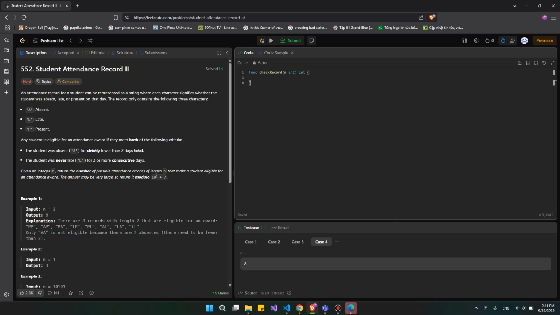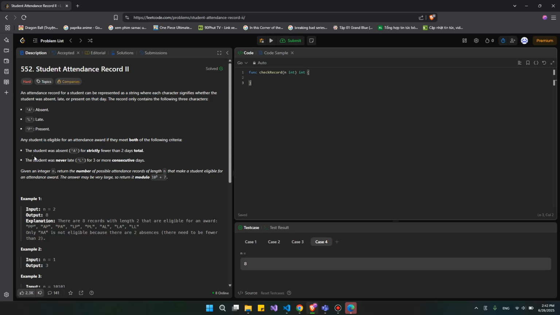An attendance record for a student can be represented as a string where each character signifies whether the student was absent, late, or present on that day. The record only contains the following three characters: A means absent, L means late, P means present. A student is eligible for an attendance award if they meet both of the following criteria.